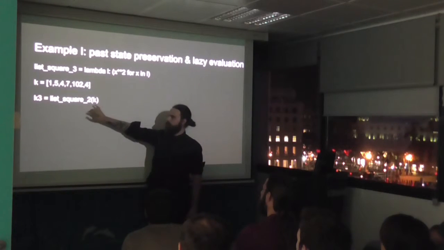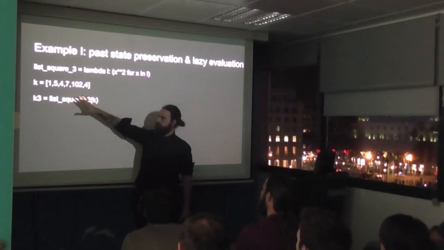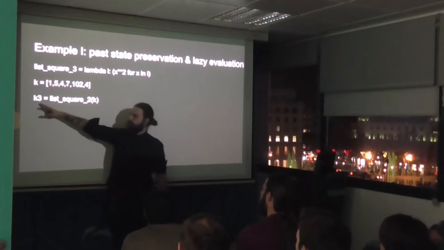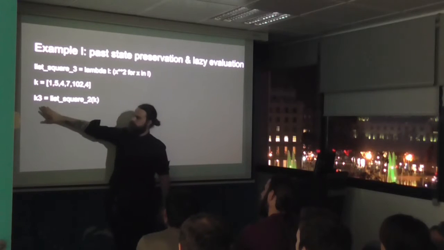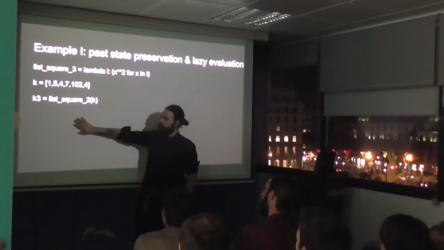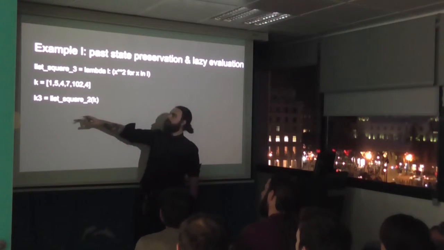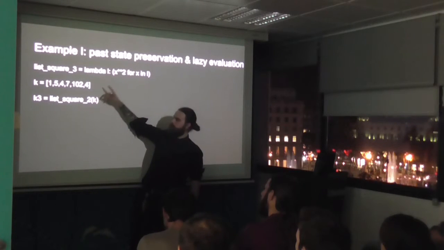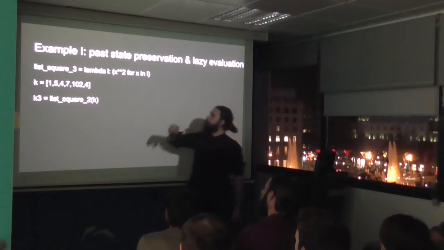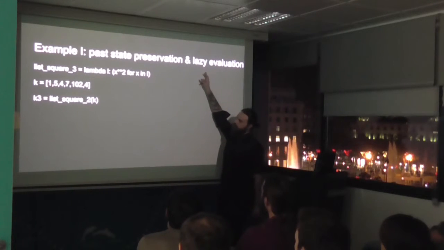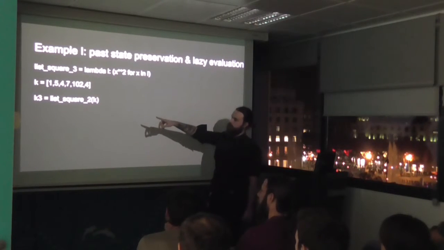So at this point, we have the list K that is the same, and this list that actually is a generator, that we don't have the values here still. But when we ask for this variable which values do you have, it's going to answer with the square values of K. So we have lazy evaluation of the new object.